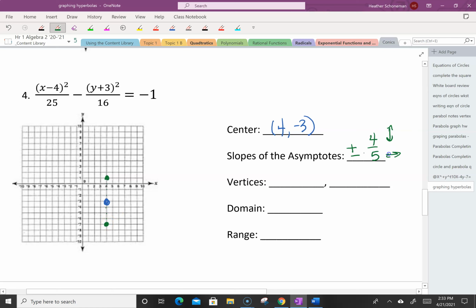And my run is right and left, so I'm going to count right 5 and left 5. And then I'm going to use those points to create my box. Once I successfully create the box, then the diagonals will show me where the asymptotes are.